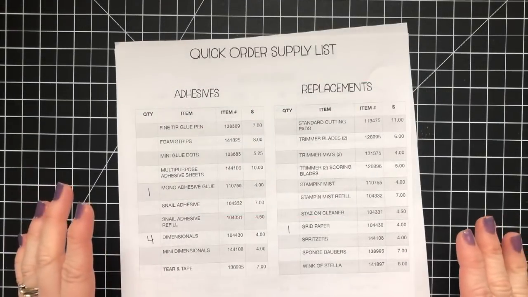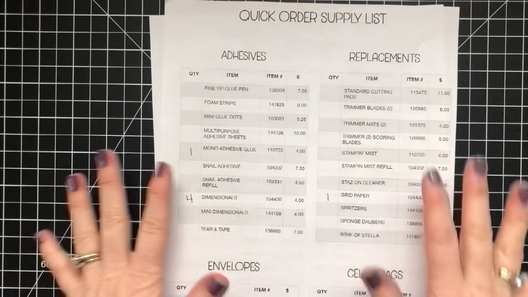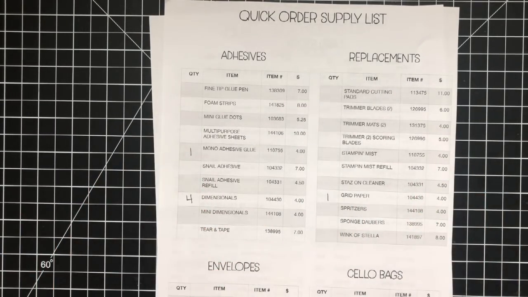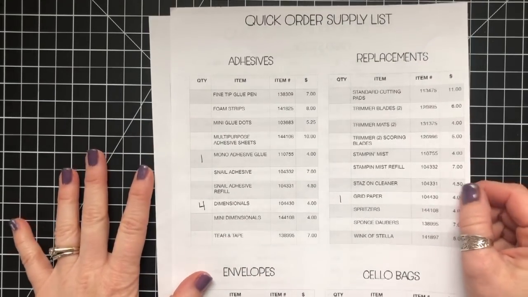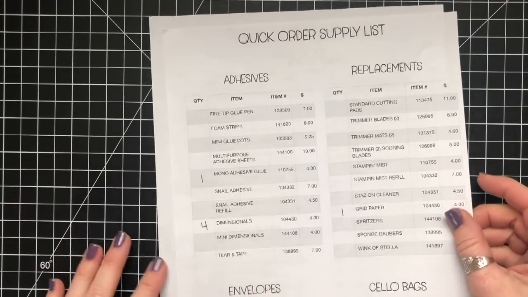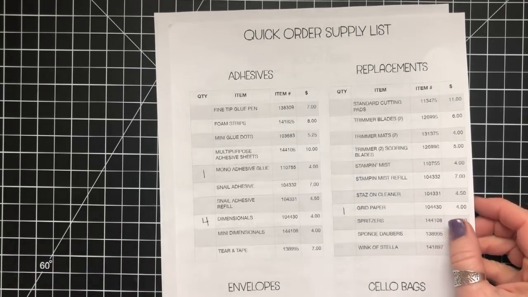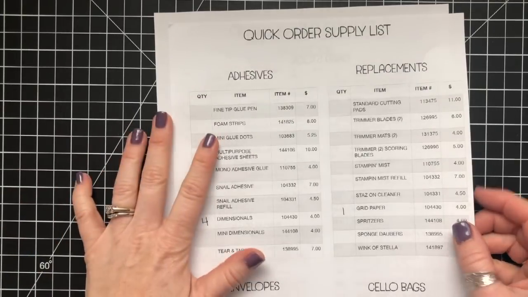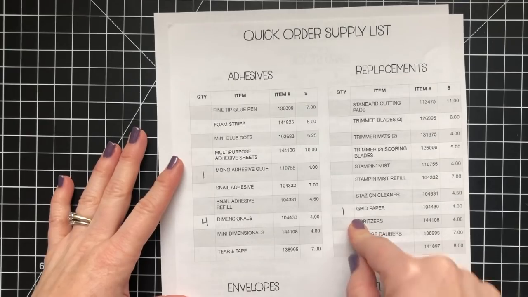Okay, so here we are at my stamp table, and I want to show you what this looks like and how I envisioned using it. I have already printed and used this a couple of times, and you could do a few different things here. You could print this and choose to laminate it, and all you would have to do is wipe it away and write in new quantities when you need it.